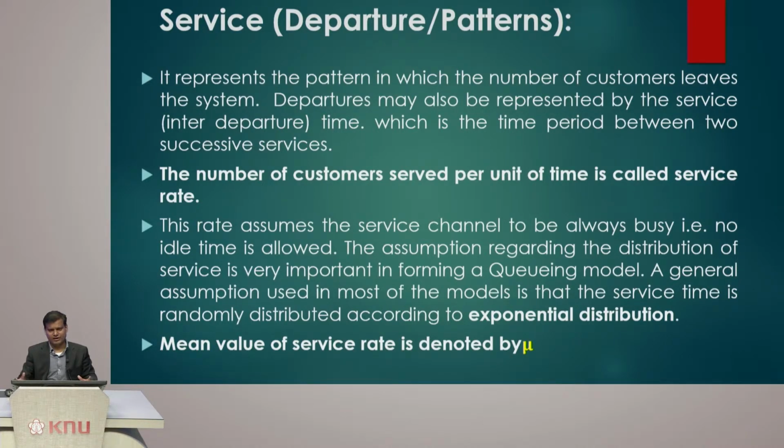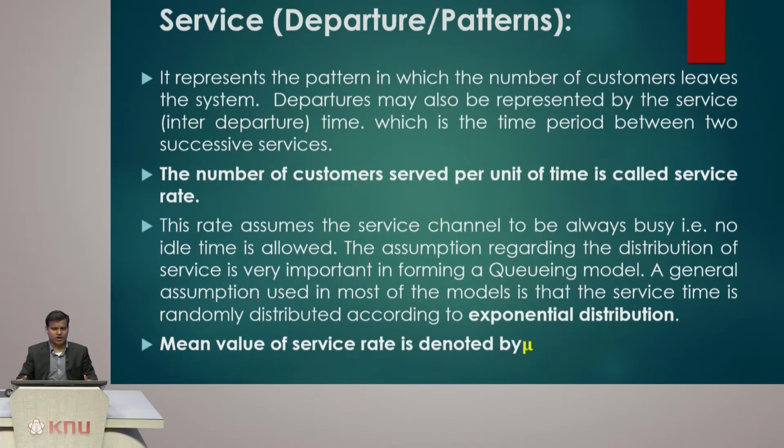Yeah, this can be termed as a rate because, as I mentioned, it's per unit of time, like 10 customers per minute is a unit. This rate assumes that the service channel is always busy. We are not considering any idle time in this system. So the assumption has been made as well.